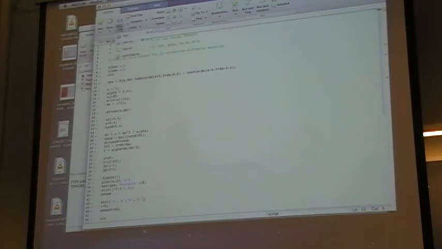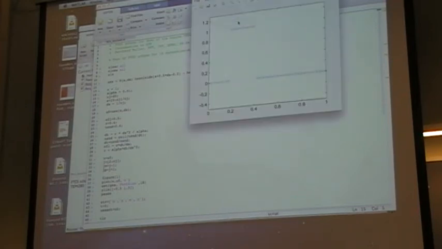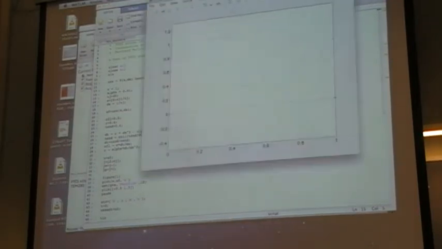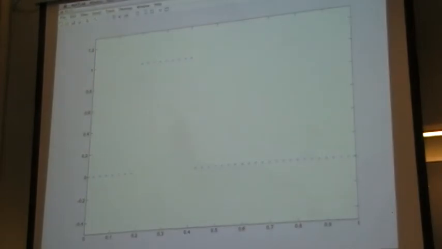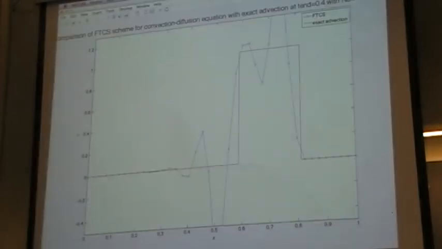So we save that, and then we run it again. So now we have fewer points, and you see what happens. We get an indication of an instability because we have now violated this condition, so that the Peclet number should be smaller or equal than 2.